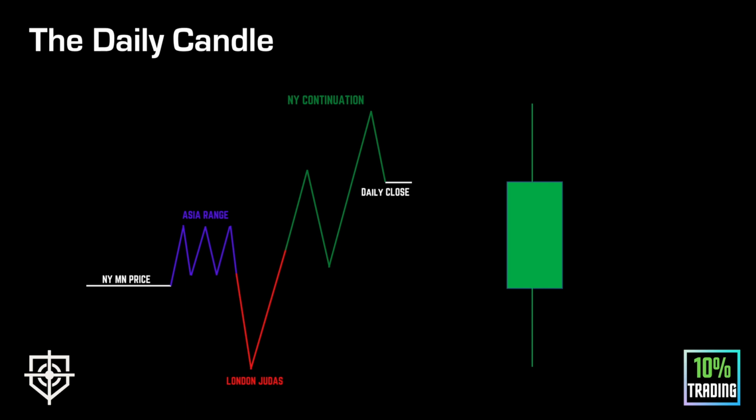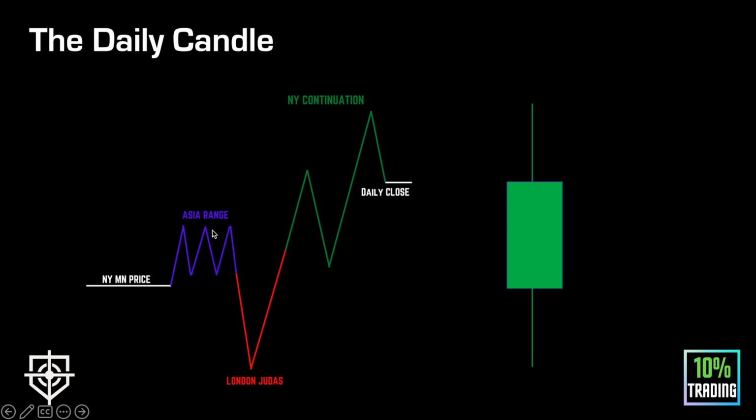Let's talk about the daily candle. I know I've got a lesson on the daily candle, but when we trade intraday and we execute somewhere in this daily candle, we try and find trades. One very important thing to note: we typically expect Asia to range.